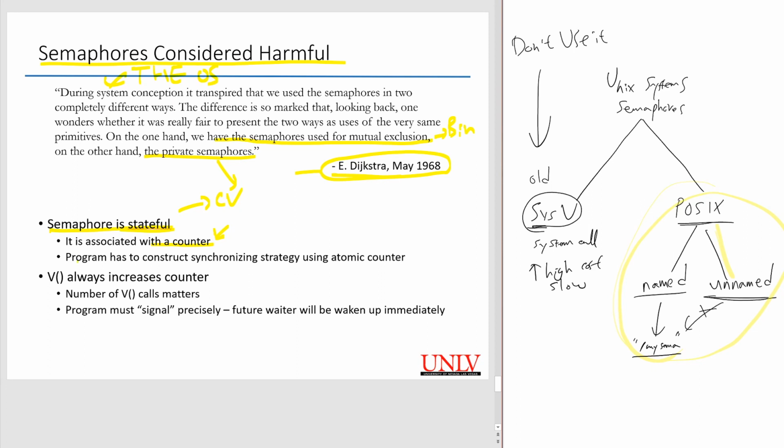So the program using semaphore has to construct a synchronizing strategy using an atomic counter. Whatever thread synchronization problem you're trying to solve, if you're going to use semaphore, you have to somehow transform that problem into a number counting problem. That is sometimes easy, but usually it's not easy.